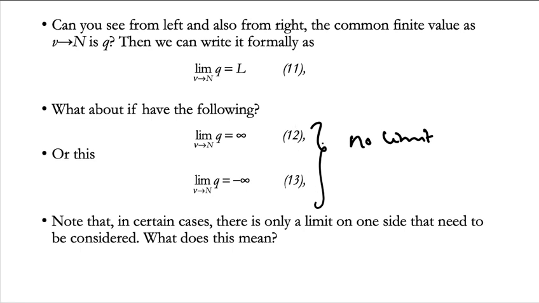Okay, so in this case, in certain cases, there is only a limit on one side that needs to be considered. What does that mean? Okay, so this is another case that we have to take into consideration. Then we need to look at the graphical illustration to get more understanding of this.